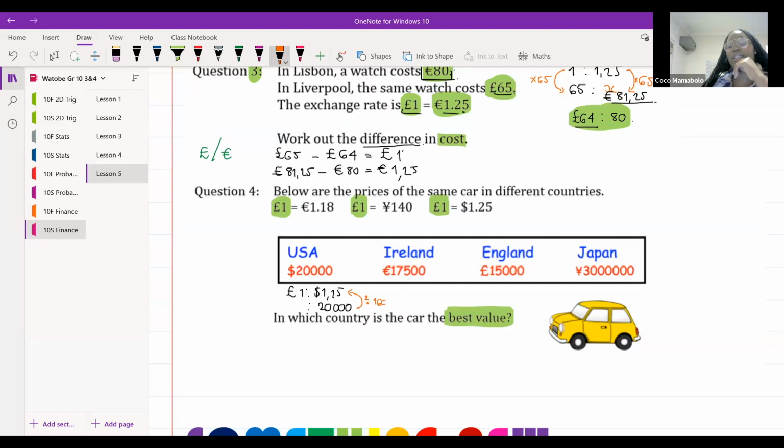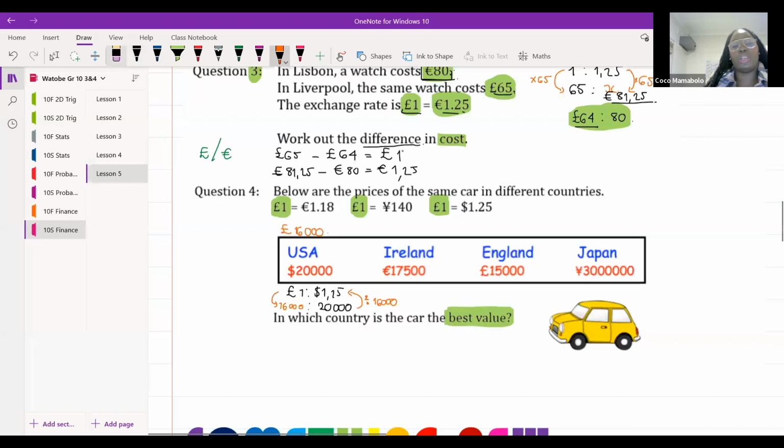Correct. It gives us 16,000. Beautiful. All right. So we're also going to get 16,000 on this side, right? 16,000 pounds, right? So now we know that if I have 20,000 US dollars, I actually have 16,000 British pounds.